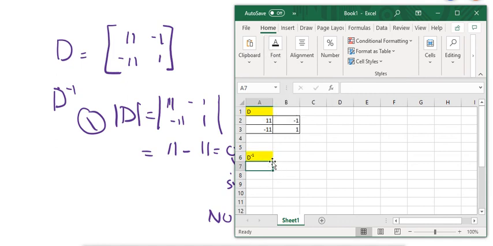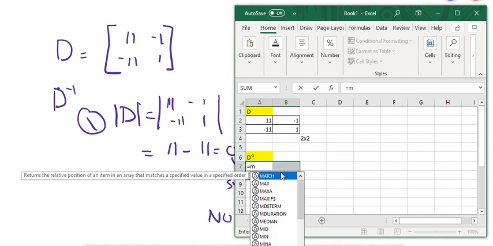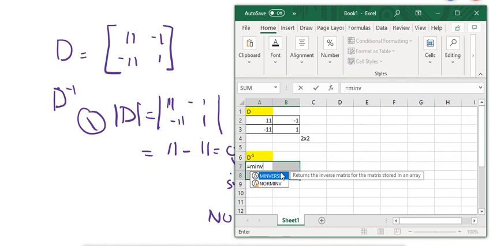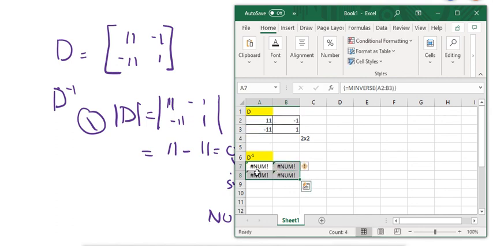As you know, here it is a 2 by 2 matrix, so we have to select a 2 by 2 range. We do not select one cell, we select all 2 by 2 cells. Then this is equal to MINVERSE, where M is for matrix inverse. This is the shortcut for finding the inverse. Then select all and press Control Shift Enter. You will find it like this. Why?